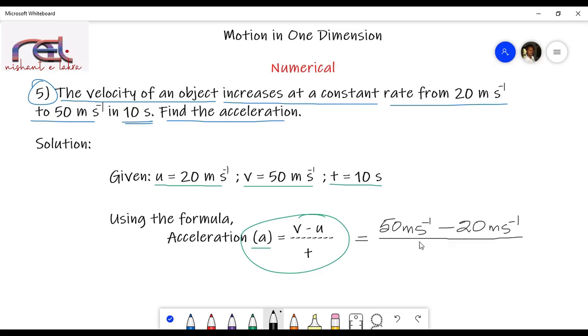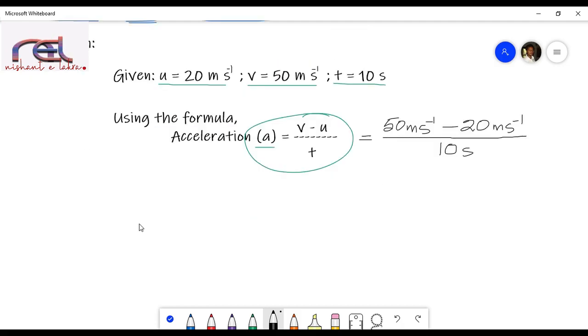I hope you're understanding this. Now when we subtract 50 minus 20, how much will we get? So acceleration is equal to, how much is that? 30 meter per second, right? 50 meter per second minus 20 meter per second. 30 meter per second divided by 10 seconds, we can simplify it.